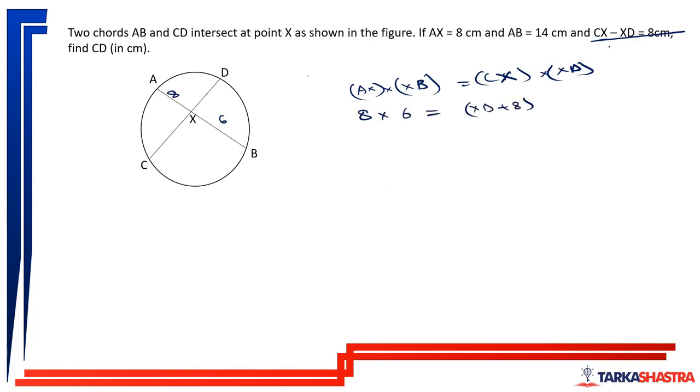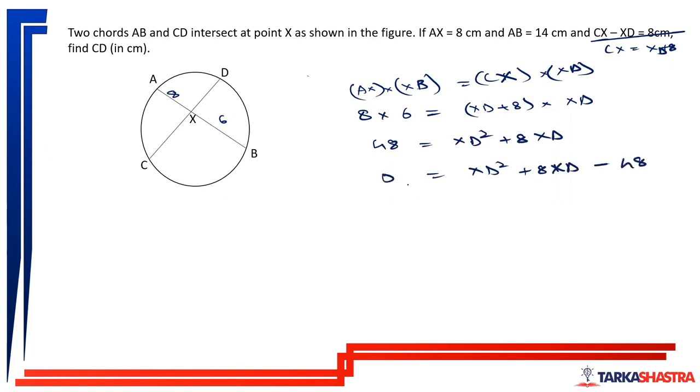We can write CX is equal to XD plus 8, into XD, which is 48 equal to XD square plus 8XD. So XD square plus 8XD minus 48 equals 0.